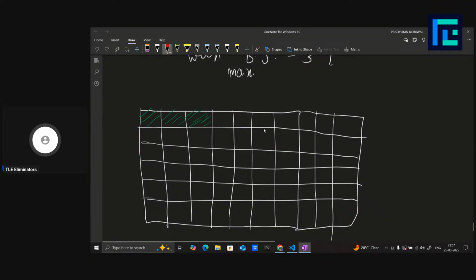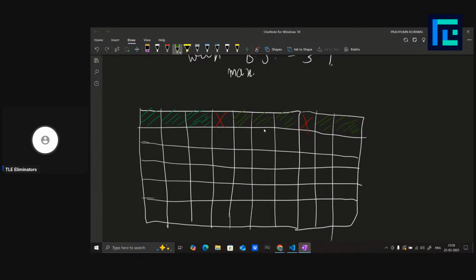So if I take this one, then it would become length 4. So I cannot take this one. And again, I'll take 3 from here. And again, I cannot take this one. But then I can take these two, right?